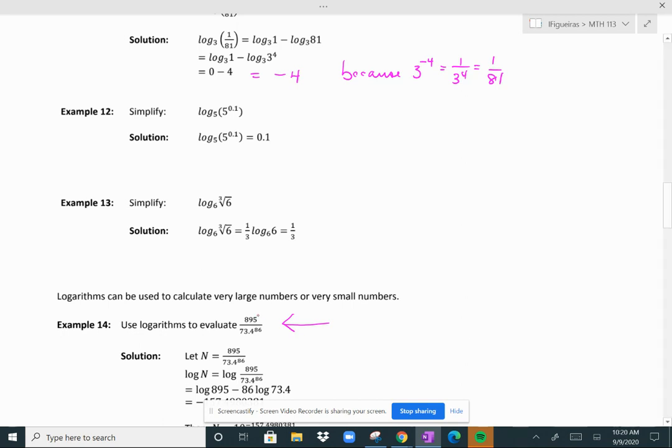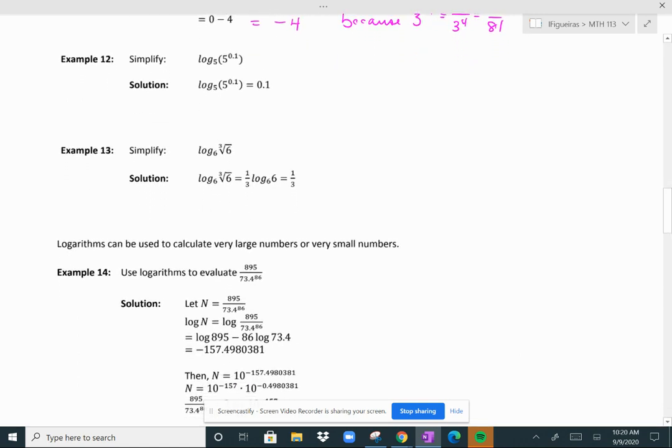If you actually entered this into a calculator, you might get some sort of error message or overflow because this denominator is a very large number, making this whole fraction a very small number. So any number divided by a very large number becomes a very small number.